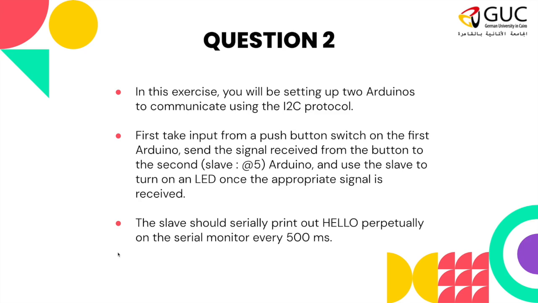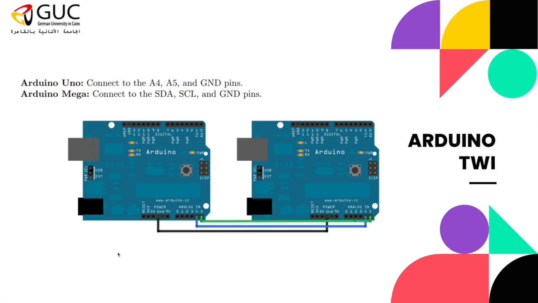So this is a schematic of the connection. If I have two Arduinos and I want to connect them using the two-wire interface or I2C, if it is an UNO model, we connect the A4 pin to the A4 pin of the second Arduino and the A5 pin to the A5 pin of the second Arduino, and both Arduinos should be connected using a common ground.